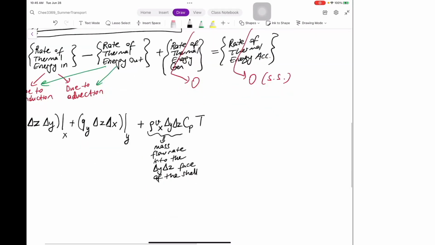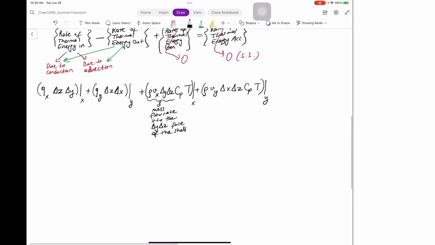That's along the x direction, plus rho, and this is at x, rho Vy delta x delta z Cp T along z at y, sorry.